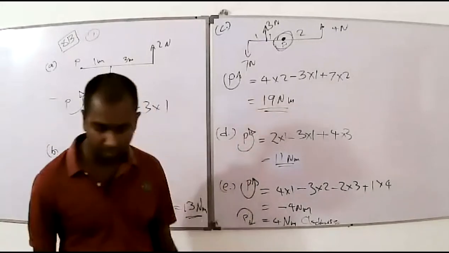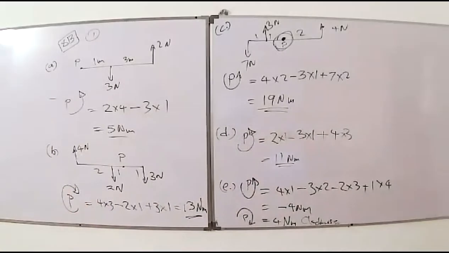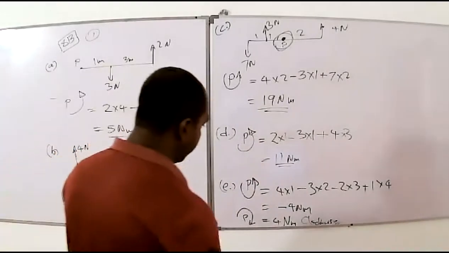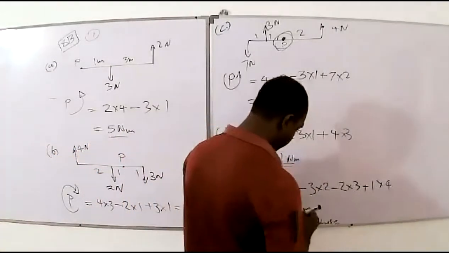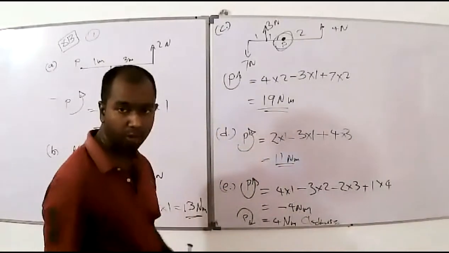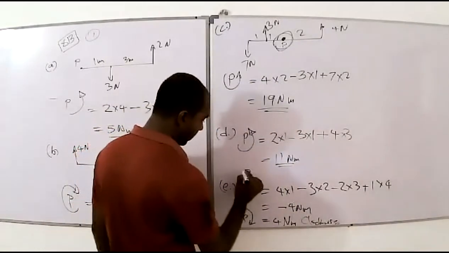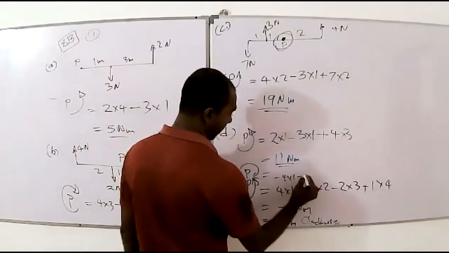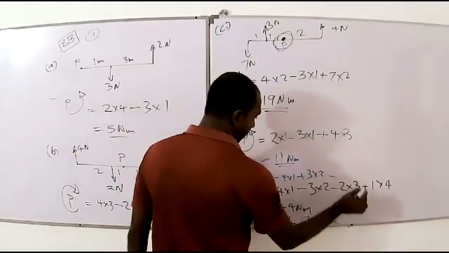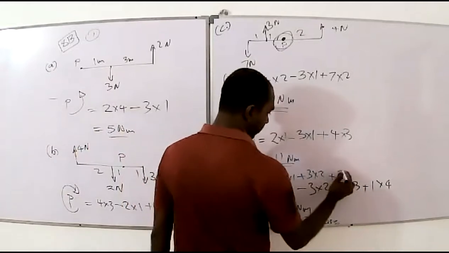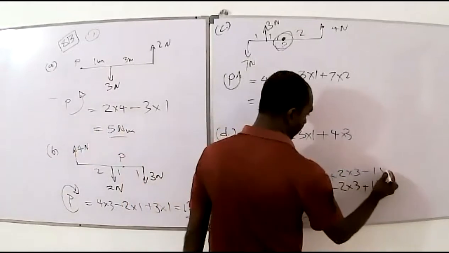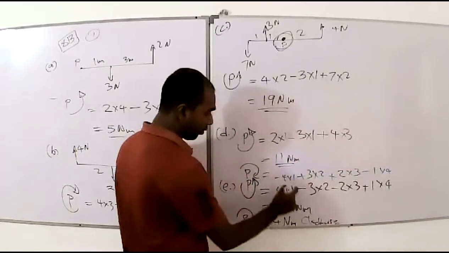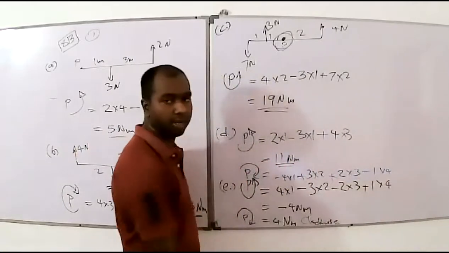If I take this same last question, E, in the clockwise mode, if I calculate this in the clockwise direction, I have to take this as minus 4 into 1 plus 3 into 2. Again, here it will be plus 2 into 3 minus 1 into 4. Like that. These two forces will be minus if I begin the other way.